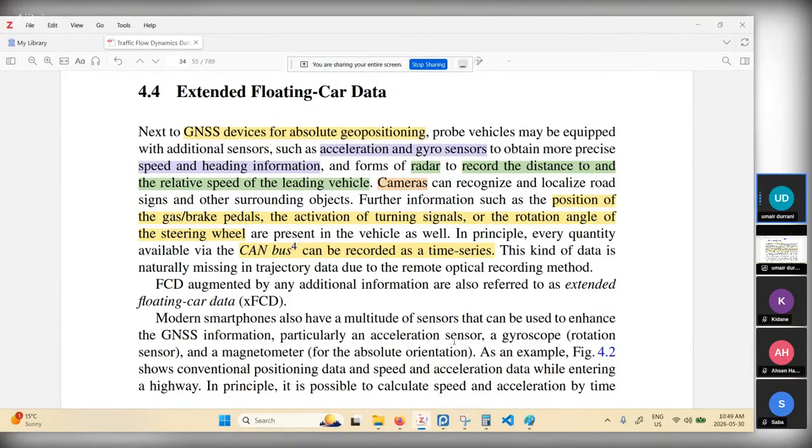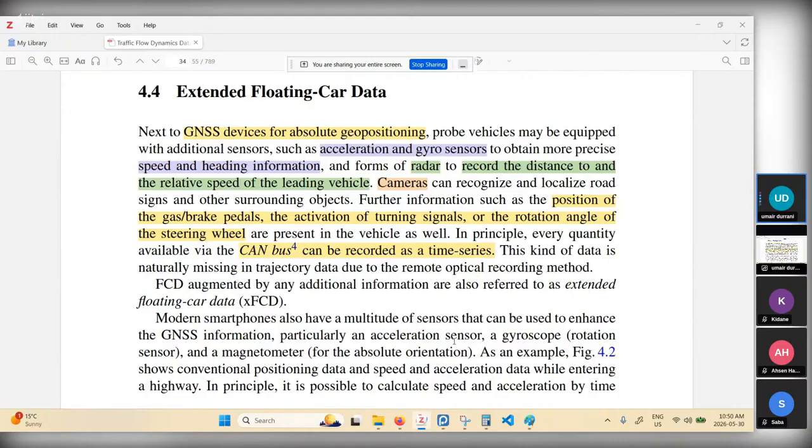We can also use radar, if it is mounted on the vehicle, then it will give us the distance to and the relative speed of the leading vehicle. These two variables, by the way, are really useful for car following models. We need to know what is the distance to the lead vehicle and what is the speed difference from the lead vehicle.